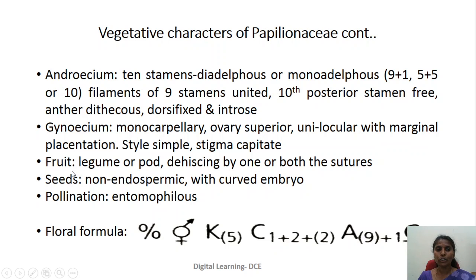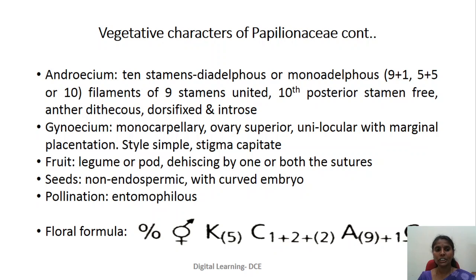Coming to the fruit. Fruit of Papilionaceae is otherwise known as legume or pod, which is a characteristic feature of the family. The legume is a dry, dehiscent fruit which will open by both the sutures. Then the seeds of Papilionaceae are non-endospermic in nature with curved embryo.